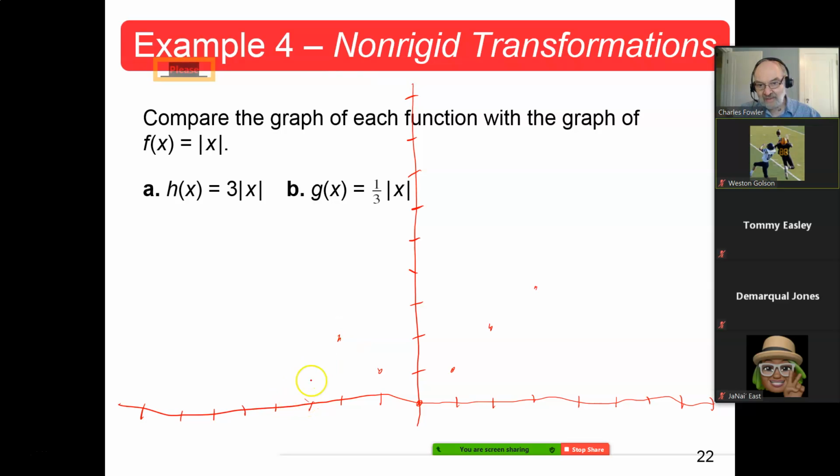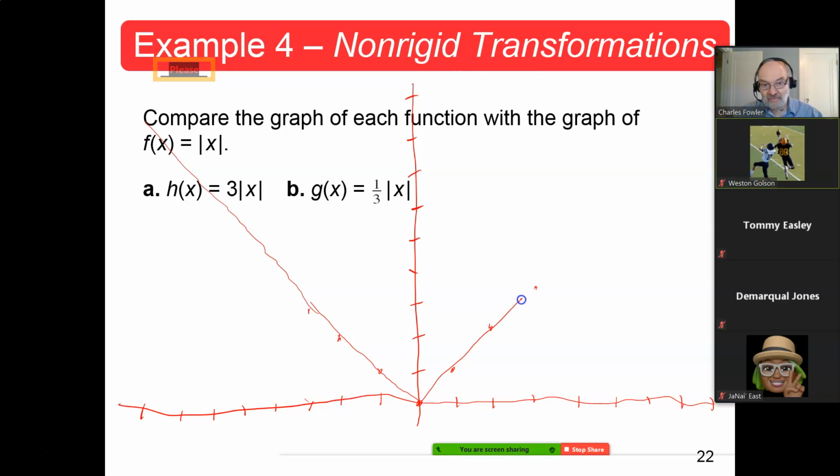Negative 3 would be 3. So you can see what it is. Now this is not smooth down here. This is pointed. So this is going to be a straight line, if I could draw a straight line, that goes right up through there. And over here is basically your identity function.